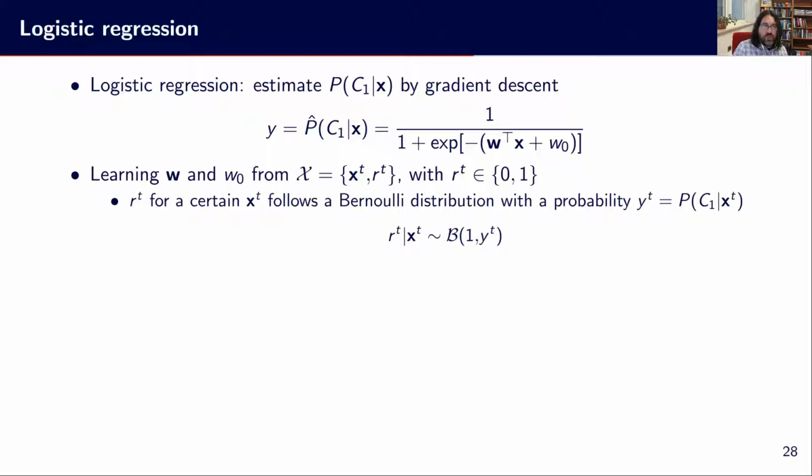So if we say that, for instance, our RT for a given XT, so all RTs for all XTs, are following some kind of Bernoulli distribution, and this is parameterized according to the YT, which is basically the posterior probability. So we know that the label should be following a Bernoulli distribution, which is a 0-1 distribution, based on the posterior.